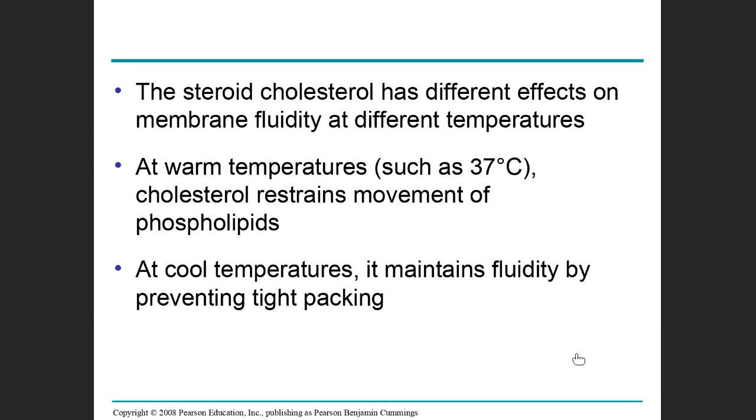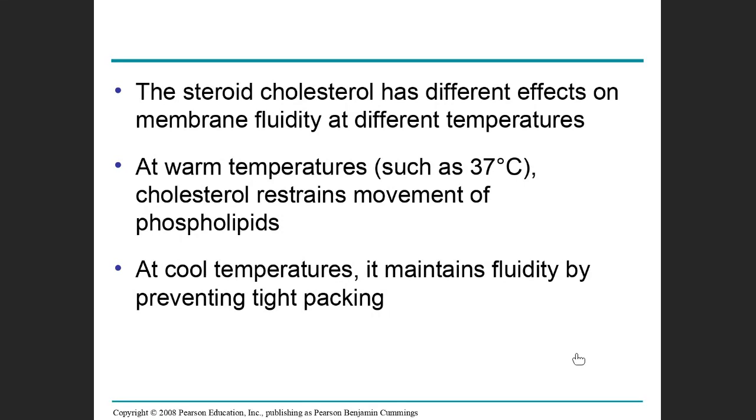But when it comes to cold temperatures, many animals live in the cold, and animals that do not regulate their internal body temperature, like reptiles and amphibians and fish. In a really cold temperature, the membranes would be way too viscous, way too thick.